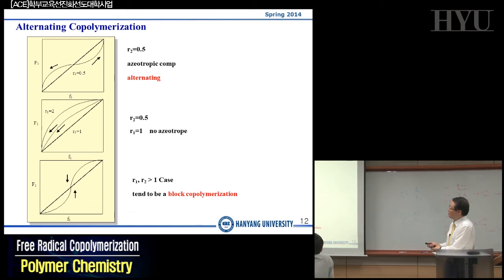If R1 is equal to 1 and R2 is equal to 0.5, you always have R1 equal to or greater than 1, so you do not have any azeotrope in this case. If R1 and R2 are both larger than 1, then you have a block copolymer system, following this line, as you can see here in this case.